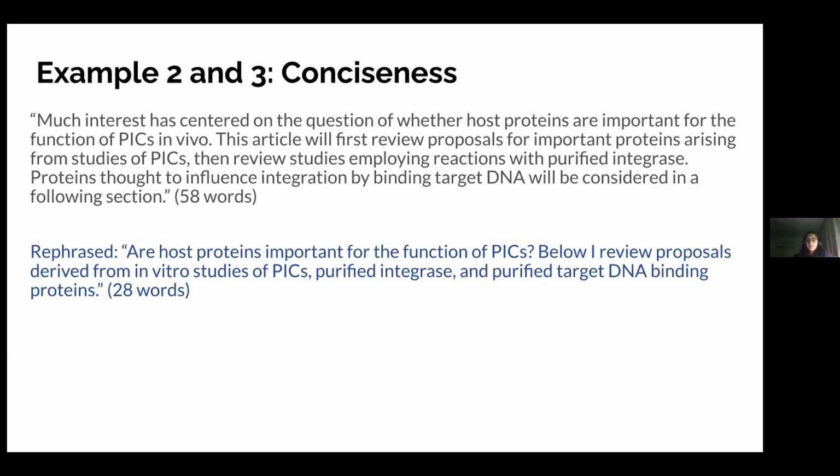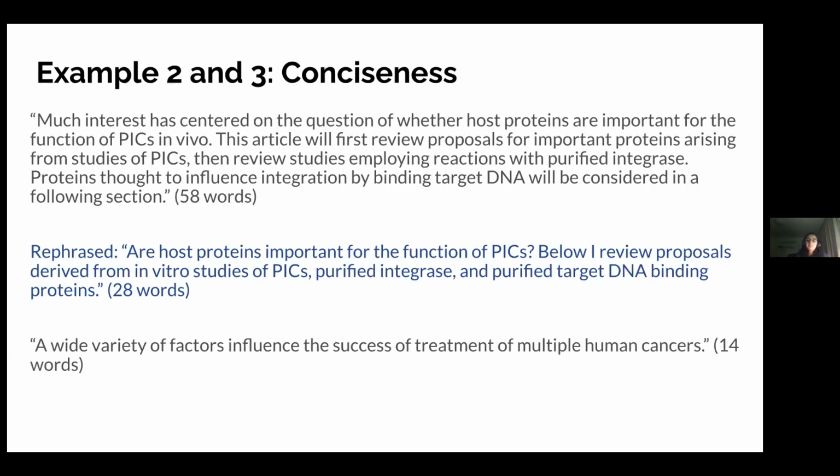So the way that we chose to do it is actually to just rephrase it into a question. So are host proteins important for the function of PICs? And then below I review proposals derived from in vitro studies of PICs, purified integrase, purified target DNA binding proteins, which is about 30 words shorter than the original sentence and a lot more concise.